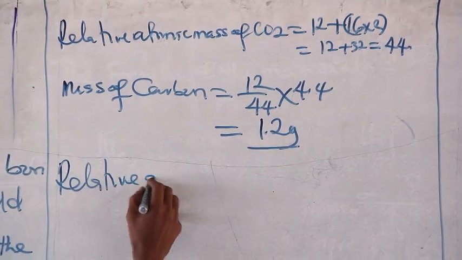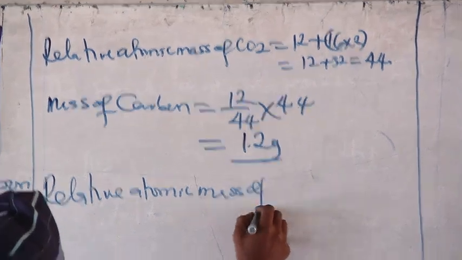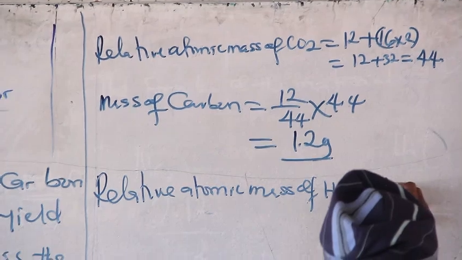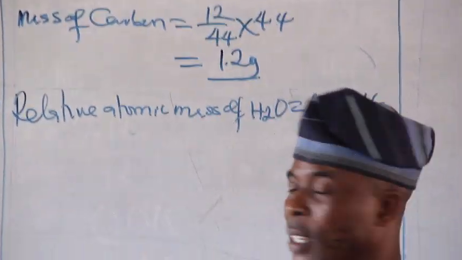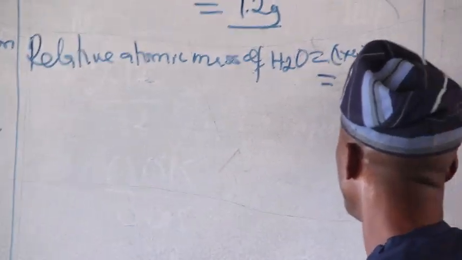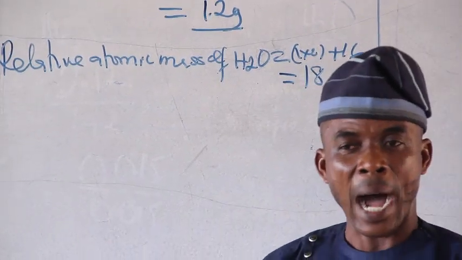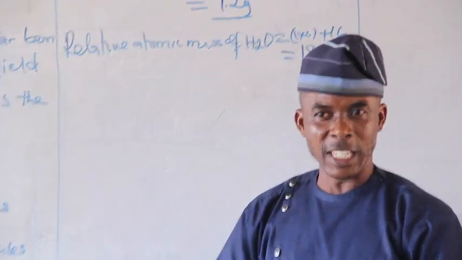So the relative molecular mass of H2O will be equal to 1 times 2 plus 16, and this gives us 18. Now, how do we determine the mass of hydrogen in the water vapor?